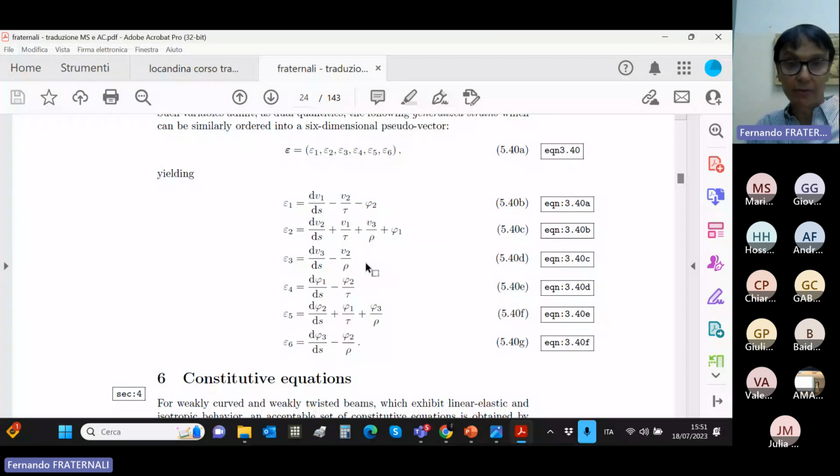I'm sorry if I had to go through this repetition, but there are actually 4 or 5 of my students who were not present yesterday because they were busy in another event in Salerno that we could not miss. It was an official event of the department, and so I went through this summary of the previous lecture.